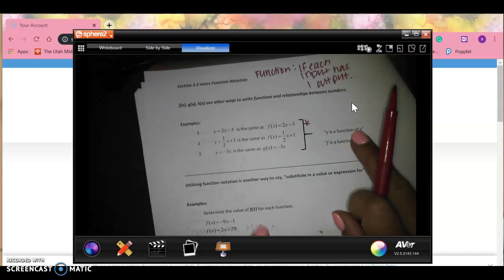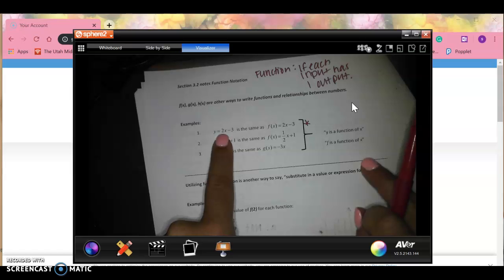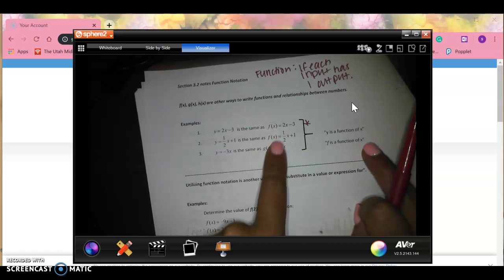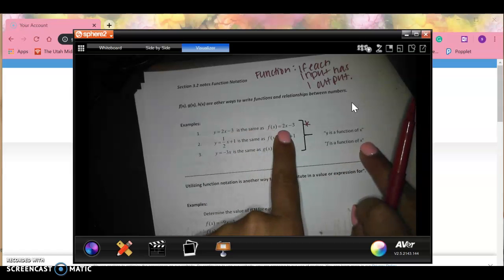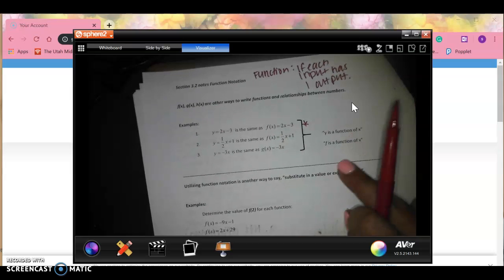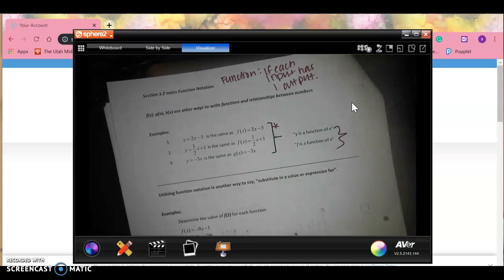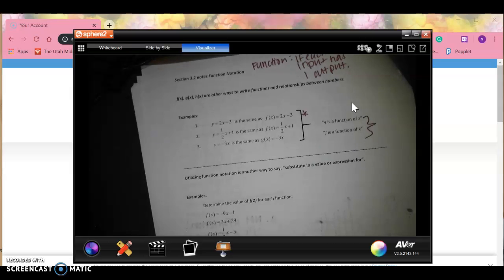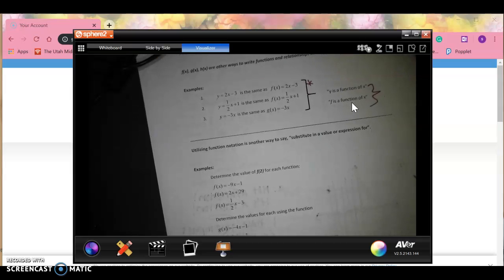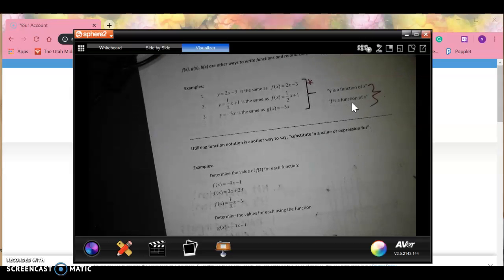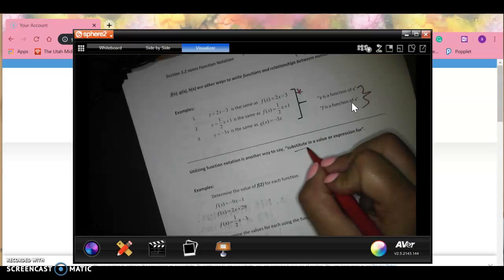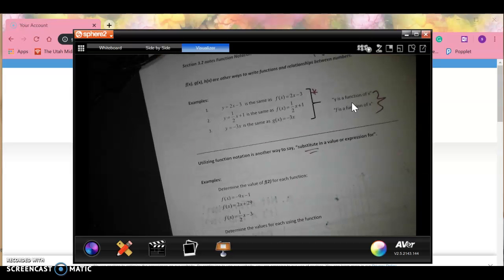Y is a function of x is another way we could say that, so f of x is a function of 2x minus 3. These are some other vocab terms that we can start getting used to saying. So, utilizing function notation is another way to say substitute in a value for the expression.